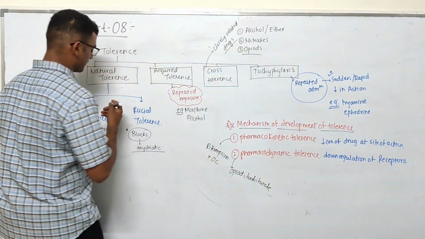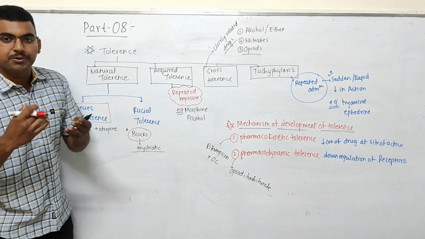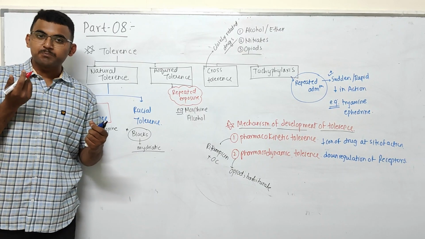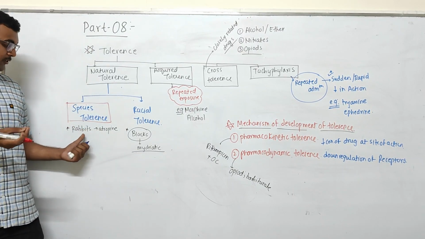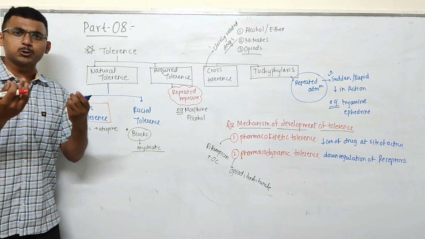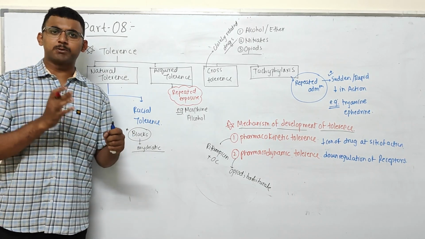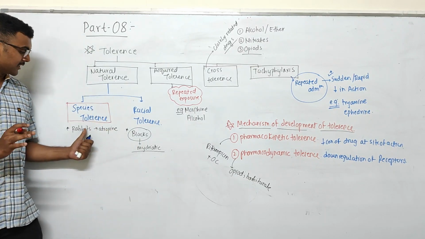Now, species tolerance means what? For example, humans are there, rabbits are there, other animals are there. Some species of rabbits are highly tolerant to atropine. However much atropine you inject into that rabbit, it won't show any activity. In fact, rabbits feed on atropine; their favorite food is Atropa belladonna.